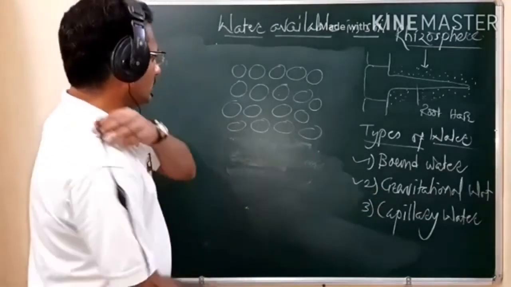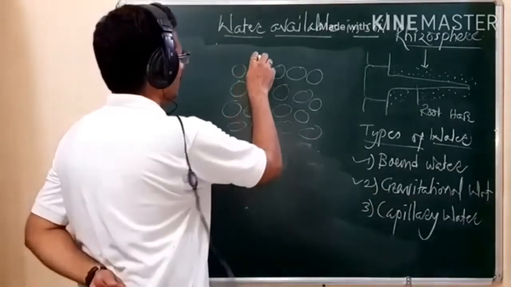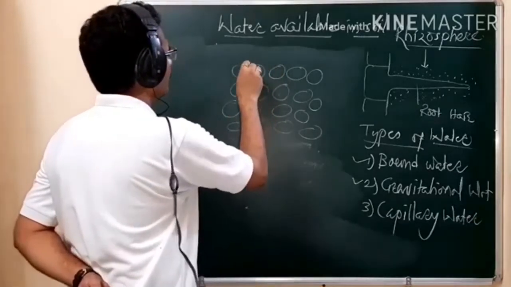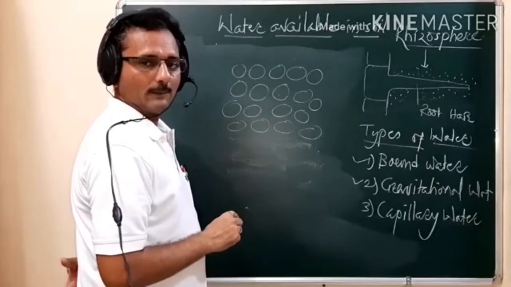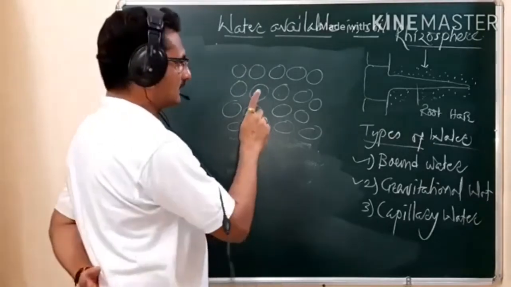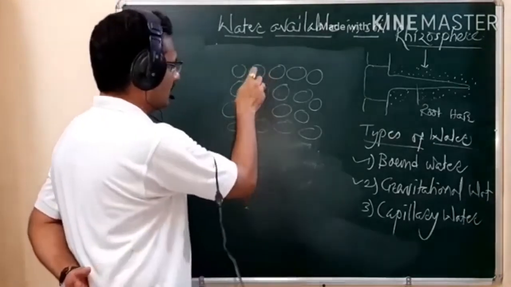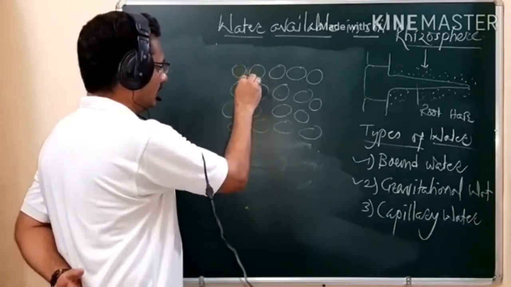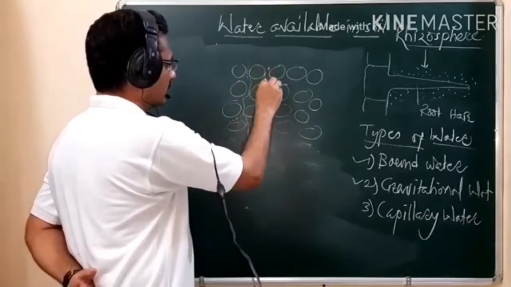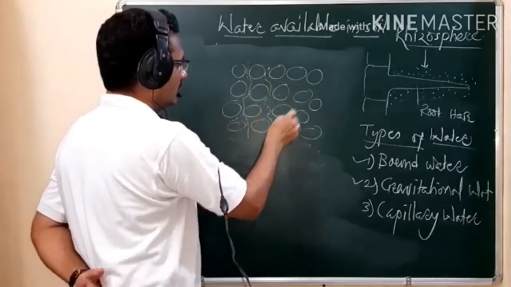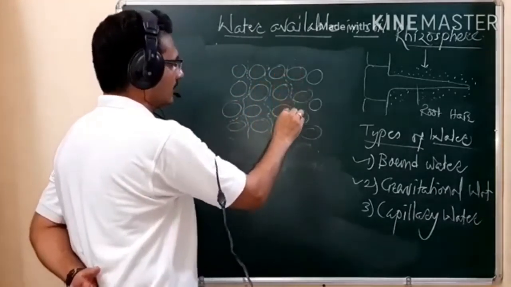That gravitational water, when the water falls because of rainfall, percolates down because of the gravitational force of attraction.